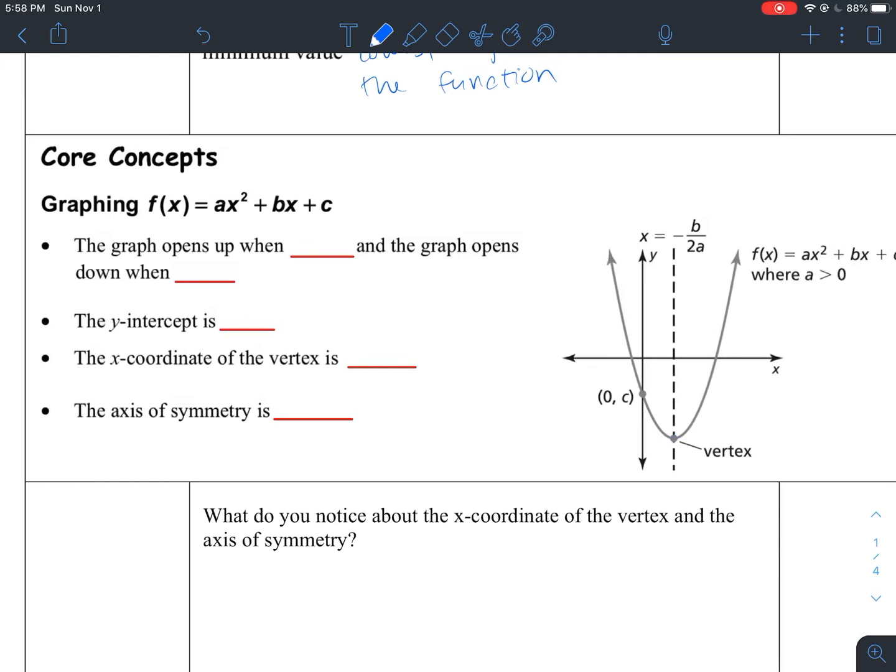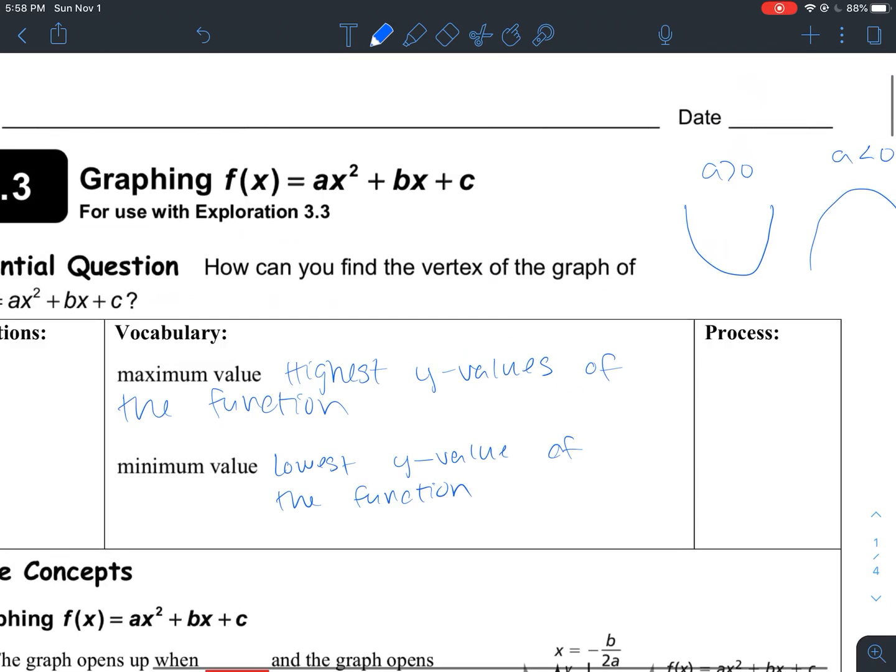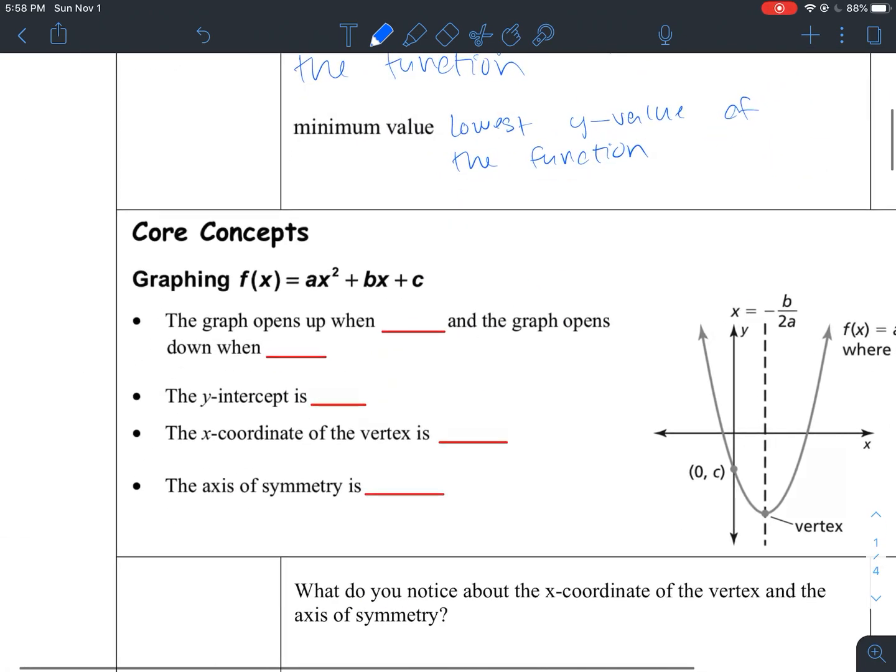Notice here that the graph opens up when a is greater than 0, and the graph opens down when a is less than 0. So a meaning this value right here. If the value in front of x squared is greater than 0, it opens upward. If it's less than 0, it opens downward.